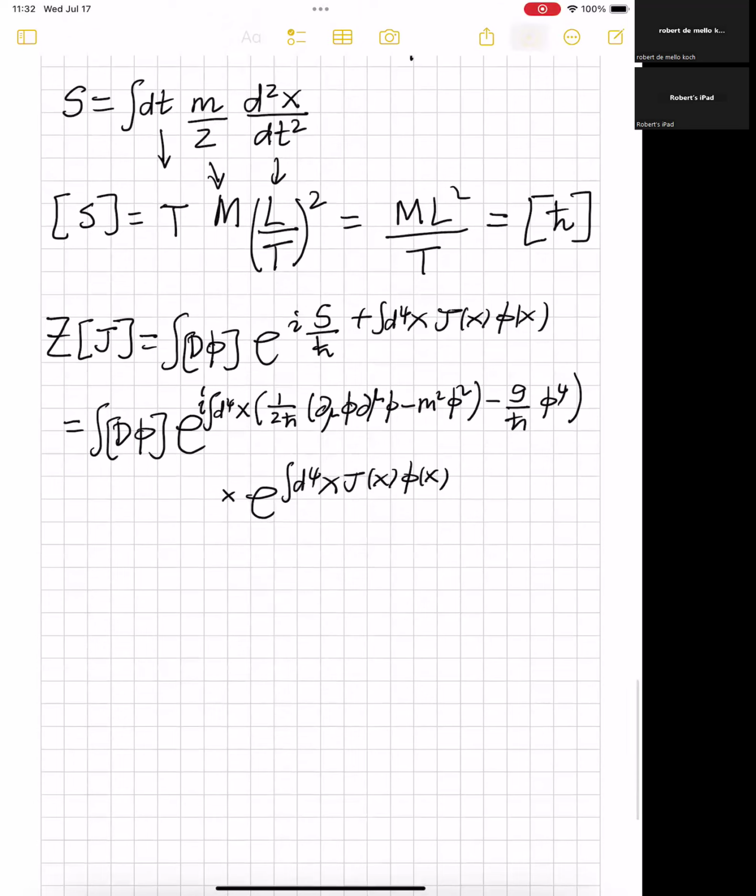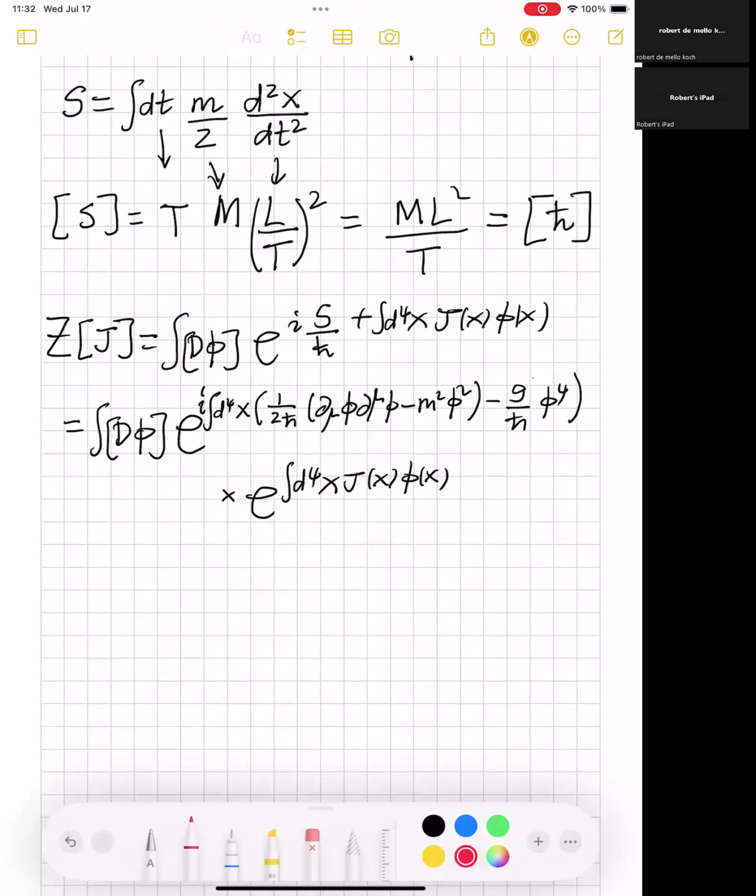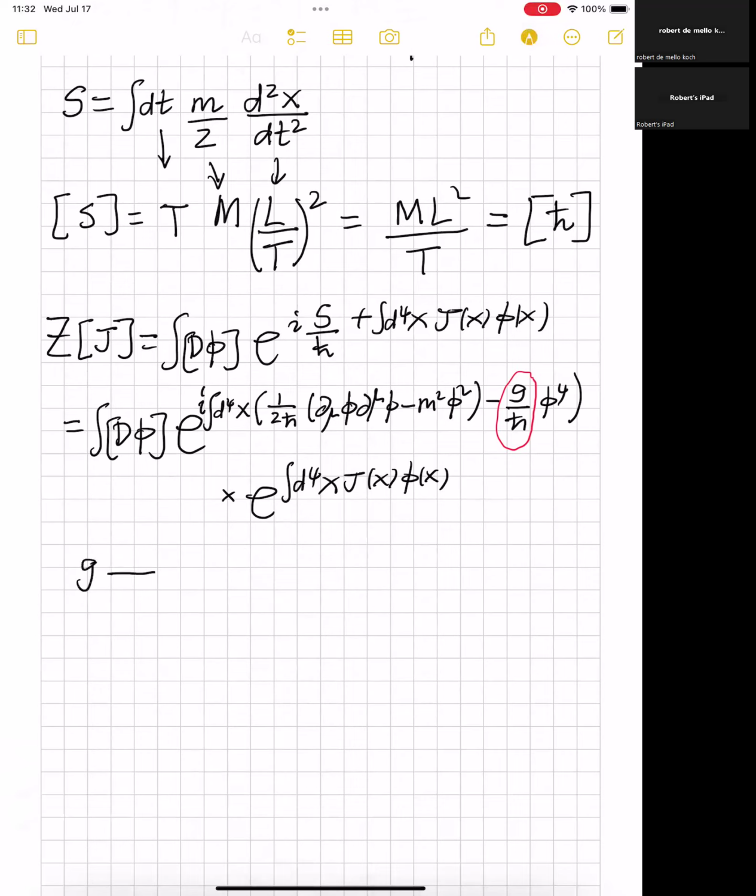Notice what's happened. The first thing that is pretty obvious is from this g over h bar term. What does this mean? Everywhere where we had a g, we now need to replace it by g divided by h bar. Equivalently, each vertex comes with h bar to the minus 1.